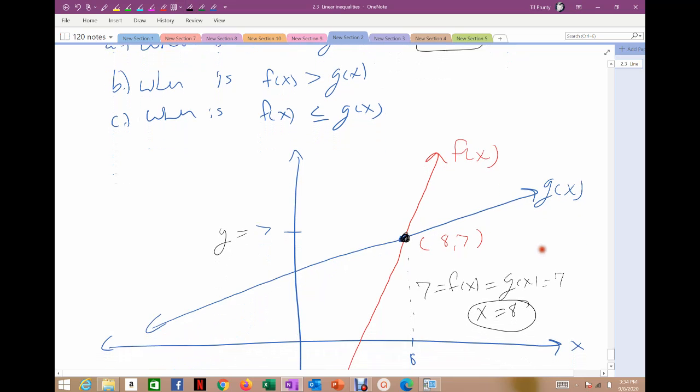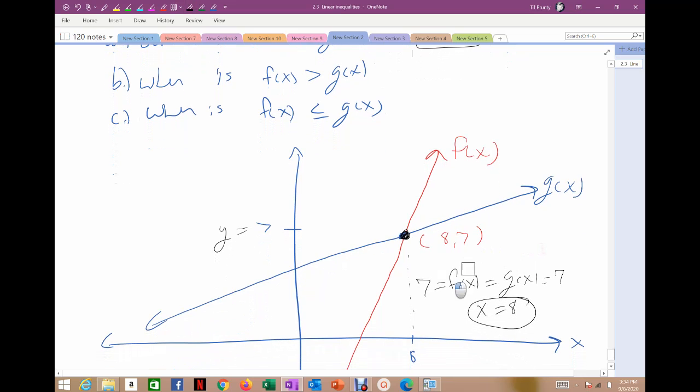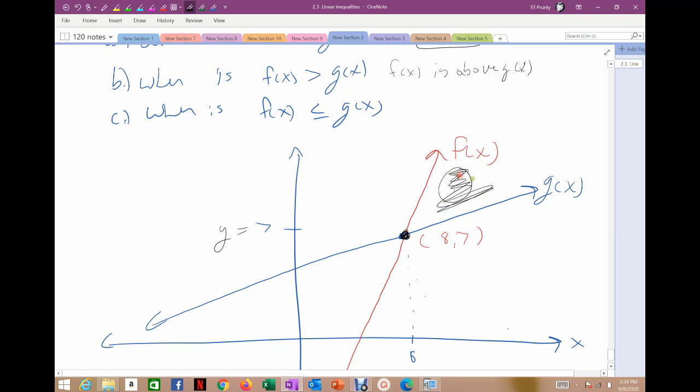So the second question, B, when is f of x bigger than g of x? I want the red function to be bigger than the blue function. And so remember, bigger, f of x is above g of x is what we're looking for. And so it's this region. This region here is when f of x is above g of x.